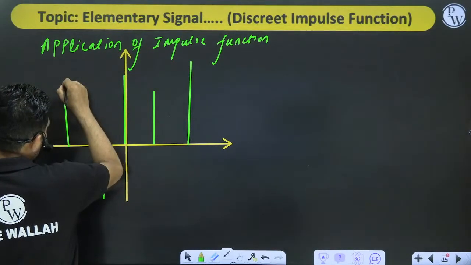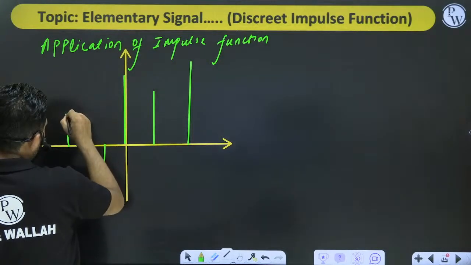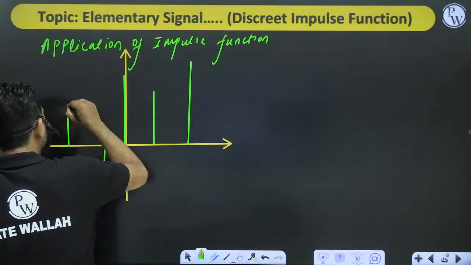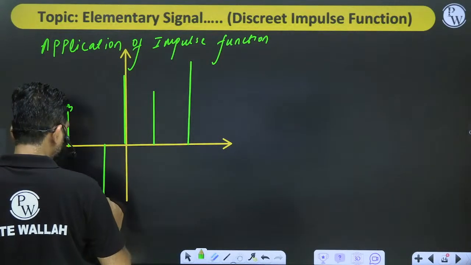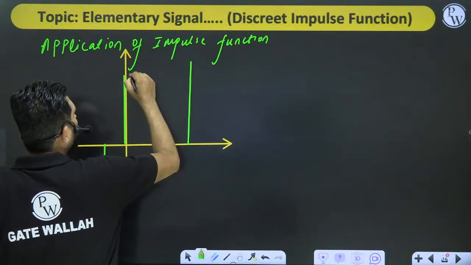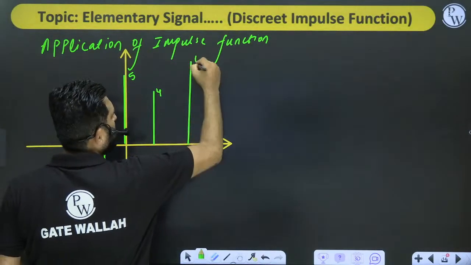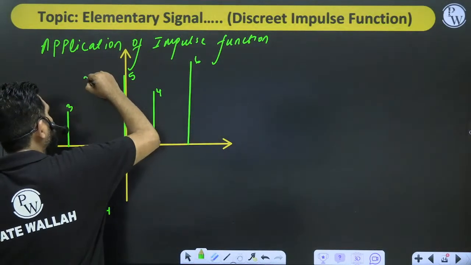Let's consider this one. Let's consider this as a value 3. This is -4. This is 5. This is 4. And that is 6. This is what my xn is.